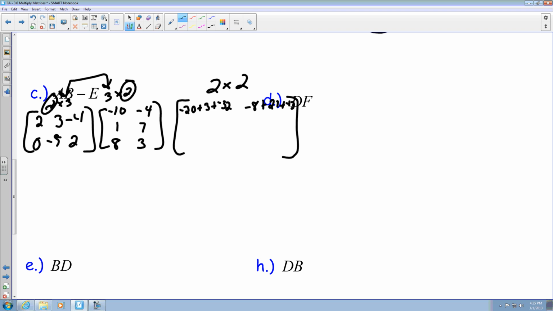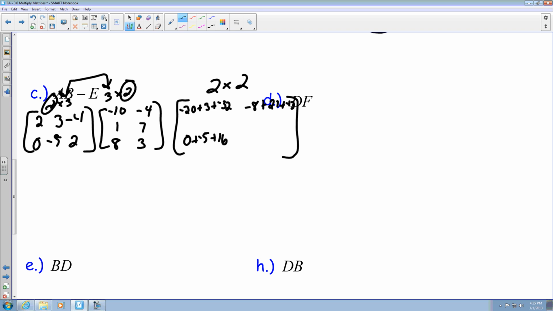Now I'm in row 2, column 1, so I'm going to use row 2, matrix A, column 1 of matrix B. So it becomes 0 plus a negative 5 plus 16.